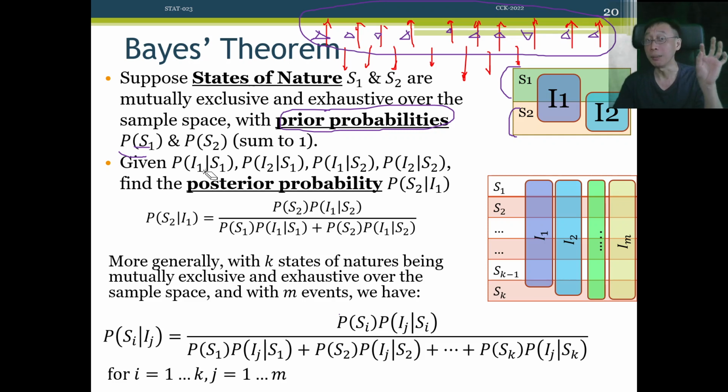Now again, let me do a quick reminder. I1 and I2, for simplicity of understanding, are defined as the consultant uttering the words, making predictions that S1 will happen. That's I1. In the event the consultant says S2 will happen, that event is called I2.